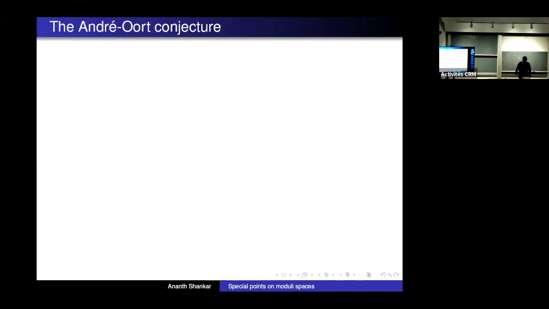All right. So let me get back to the title of my talk, namely special points in moduli spaces. We saw that Duke proved a really beautiful and strong equidistribution theorem for special points on the modular curve. Now, asking for such analytic equidistribution theorems for special points in high-dimensional Shimura varieties seems to be completely out of reach.